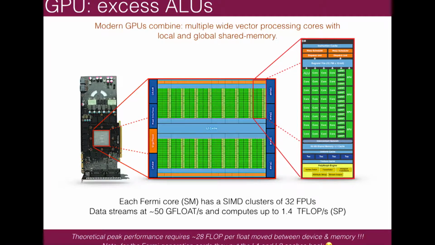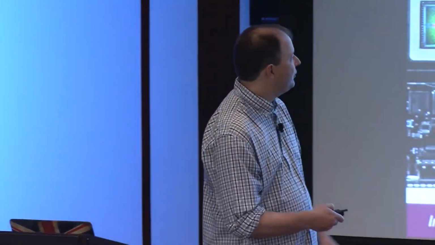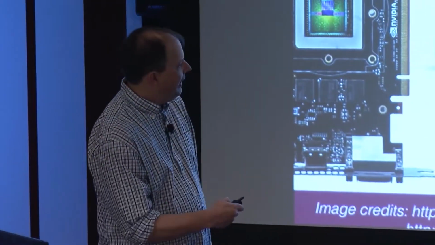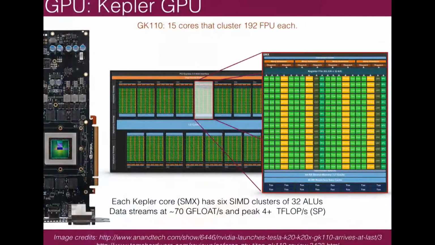AMD got more market share because this was a great general purpose GPU. It was kind of a meh graphics card. So the pendulum swung the other way, and they went to 15 cores. Each had 192 floating point units, but they didn't increase the shared memory, and it didn't increase the register file, so it wasn't very good for general purpose computing. Okay? So there are some internal tensions inside NVIDIA of games market versus general computing market.